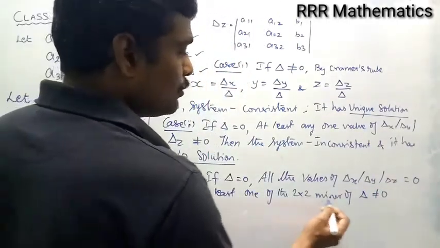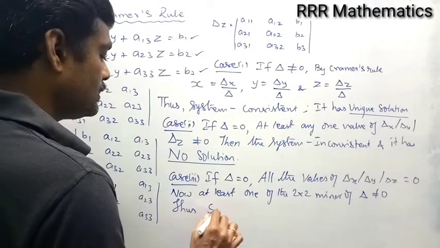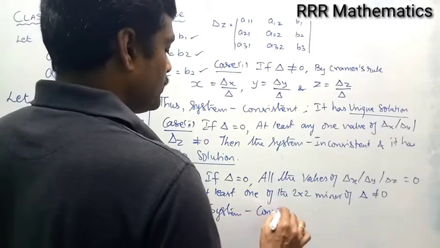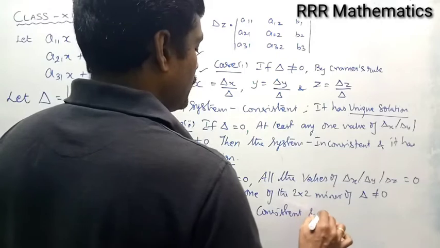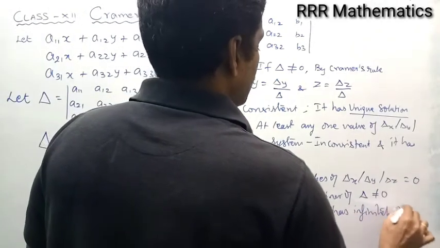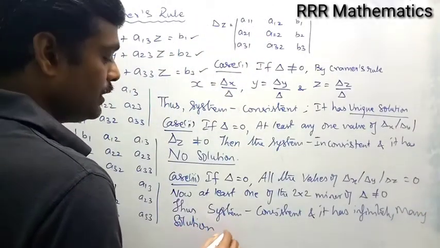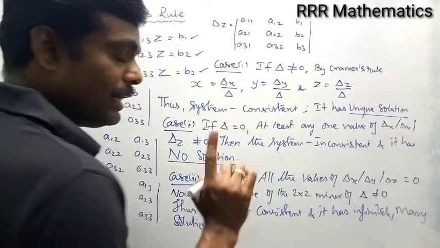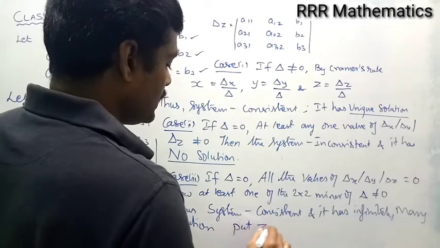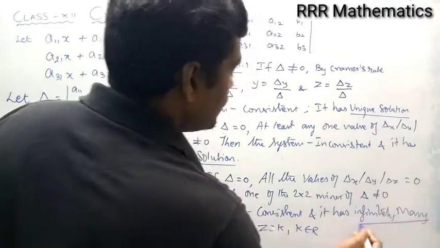If at least one of the 2 by 2 minors of delta is not equal to 0, then the system is consistent and it has infinitely many solutions. By introducing one dummy variable for x or y or z, I will put z equal to k, some k belongs to R. It has infinitely many solutions.